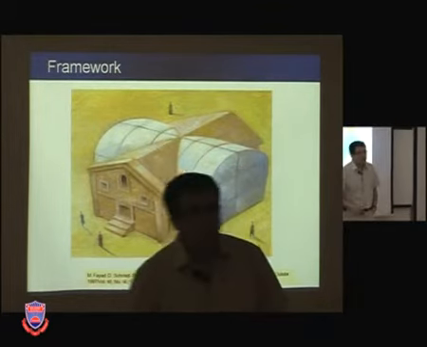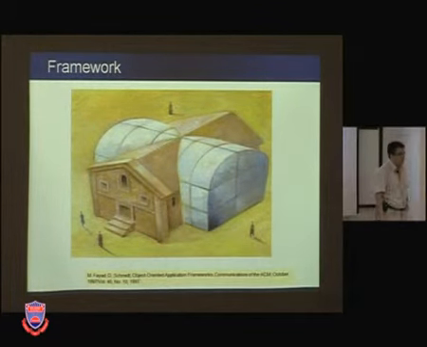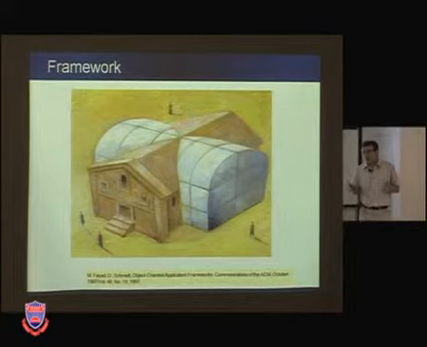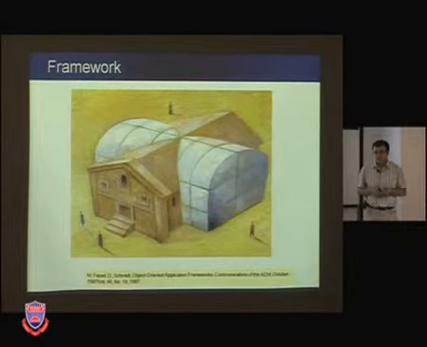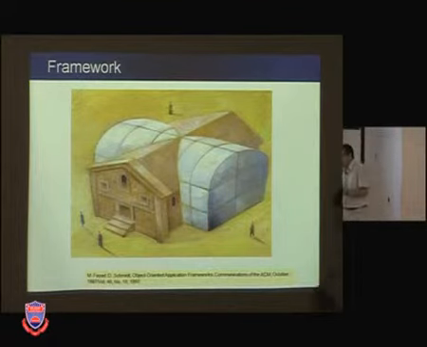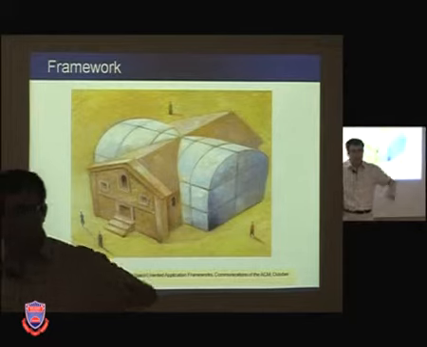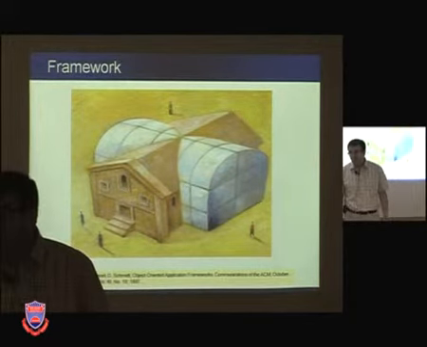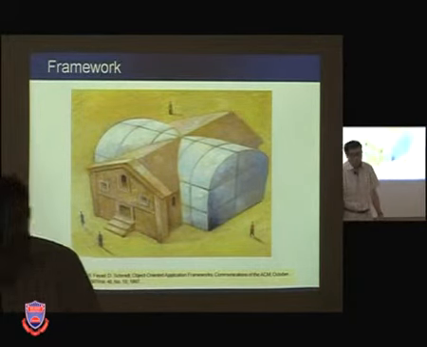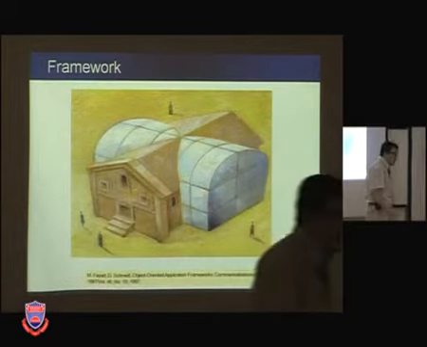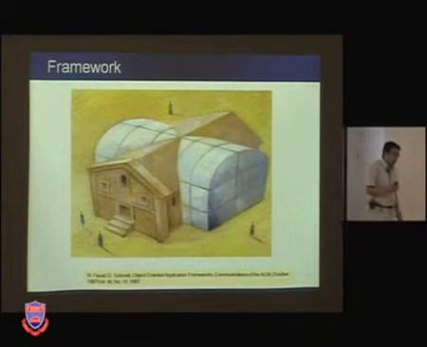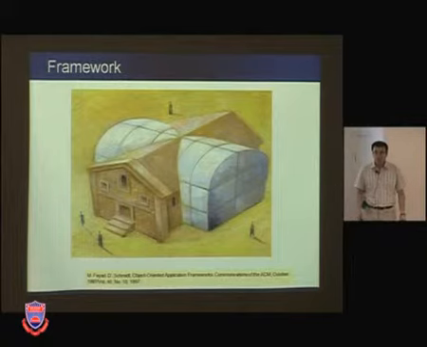A semi-complete application. Why? Because you don't focus on one application but on multiple applications. So you don't fix the implementation and design, but you just provide the hot spots and hooks so that the framework users can themselves adapt the framework and define their own applications.